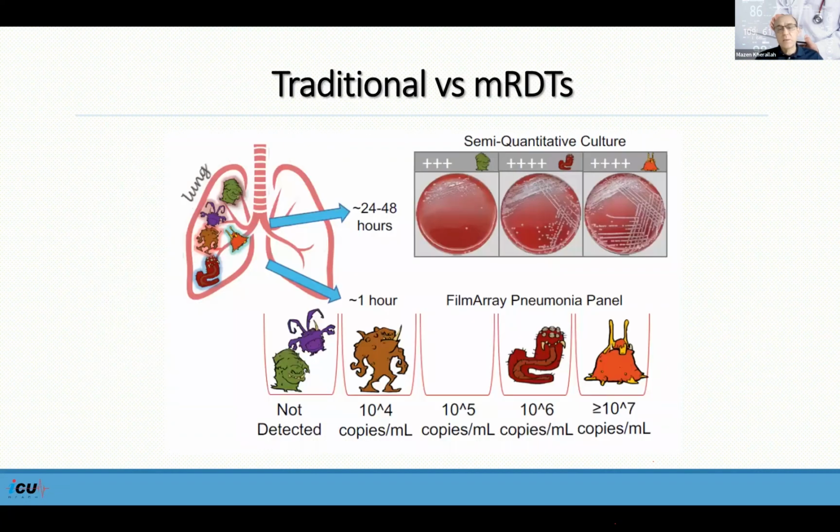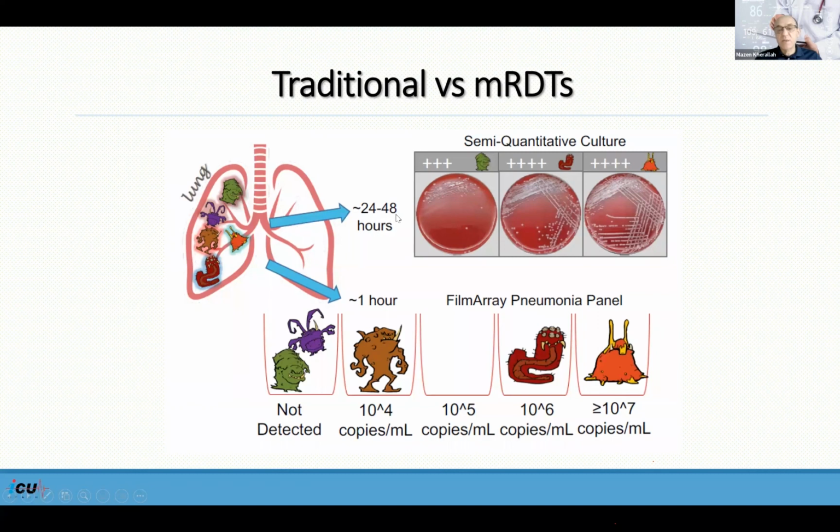Now, when you get the results of the 15 bacteria, you get them semi-quantitatively, as we mentioned. And the way it works is the following. This is the traditional way of doing cultures. We get the specimen, and then we wait for any growth on the different trays or dishes.